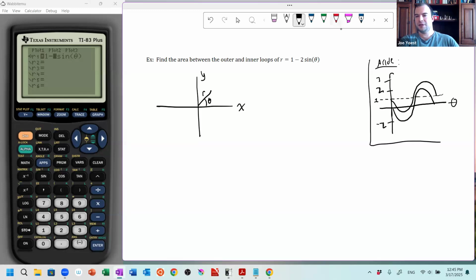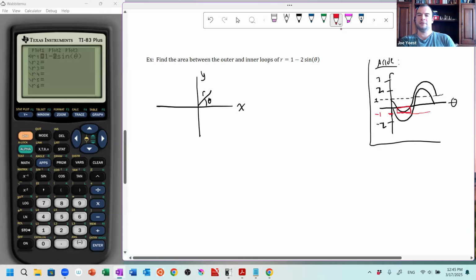So I do think that r is going to go negative a bit. It's going to probably be mostly positive. It's going to start out positive for slightly positive thetas. It's going to go negative a bit, and then it's going to come back positive and actually come up to be pretty positive, up to a maximum of 3.